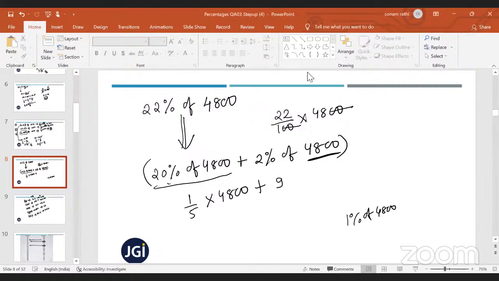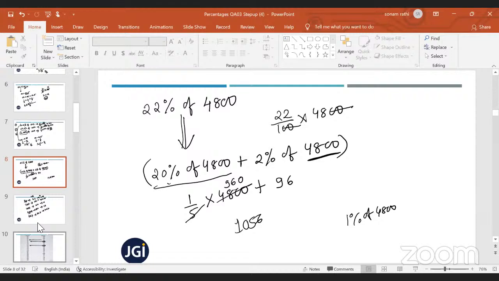So we calculated this part. 960 plus 96. How much will I get? 1056. Okay.